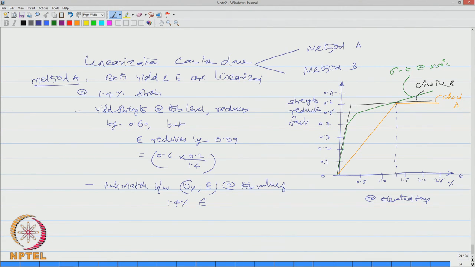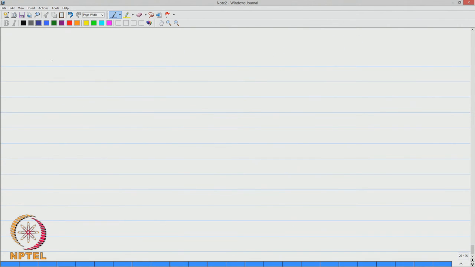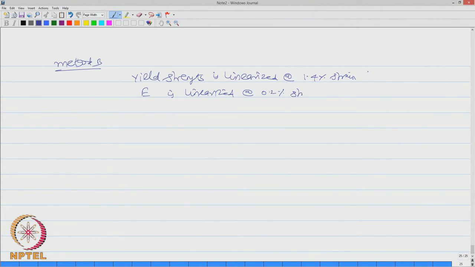If you look at method B, yield strength is linearized at 1.4% strain and Young's modulus is linearized at 0.2% strain.